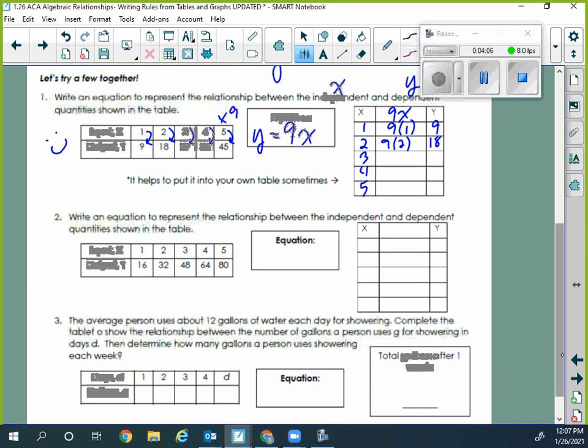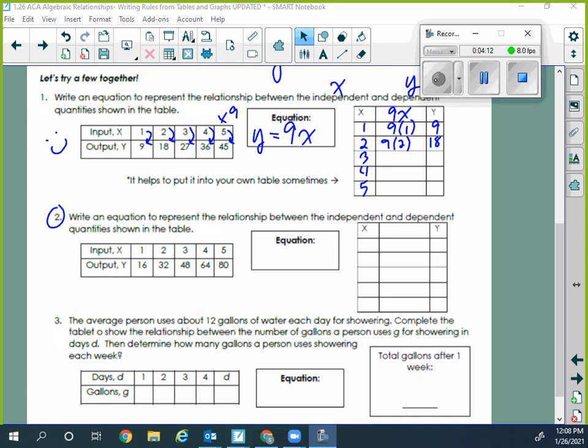How about you guys try the next one? You guys try number 2 on your own. Okay, so just like on the last one, you start by going, okay, 1 to 16. Well, there's 2 ways I can get there, right? I could either plus 15 or times 16.